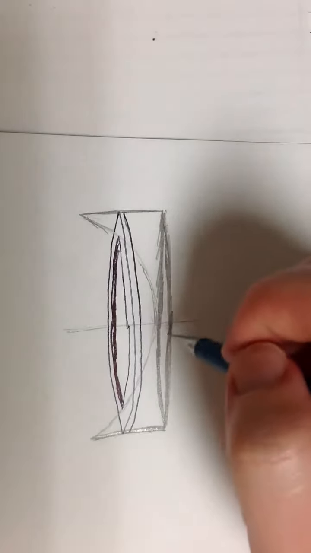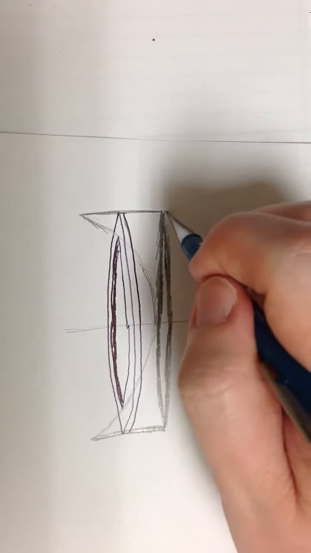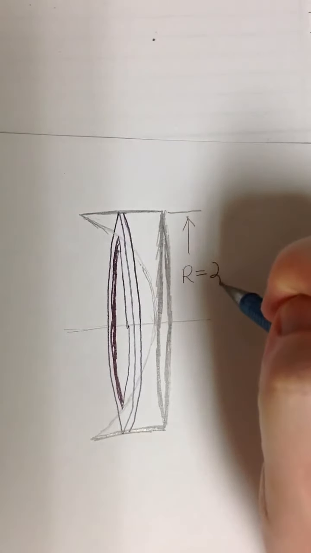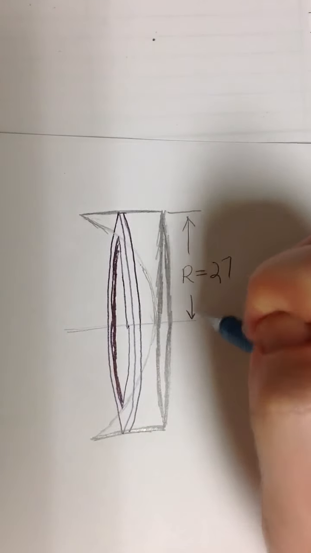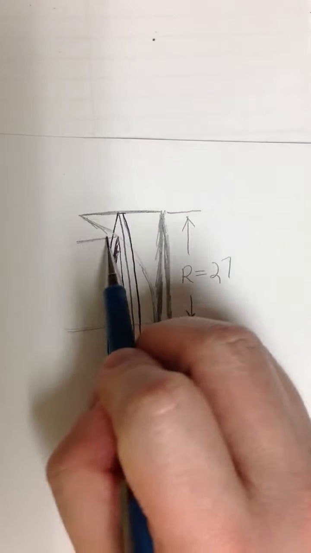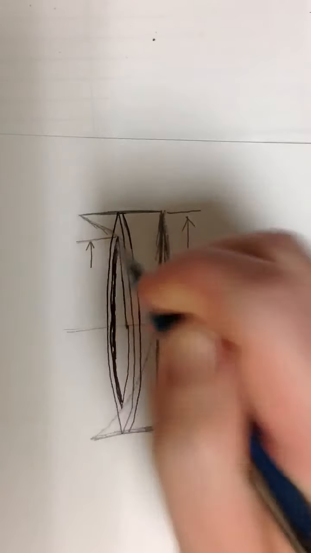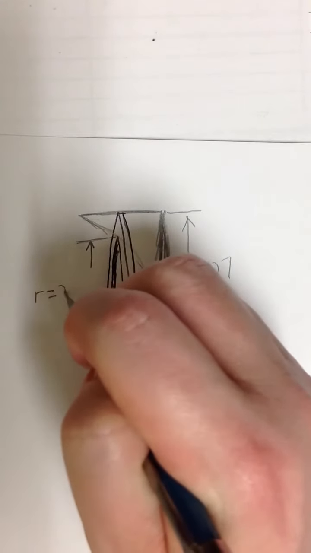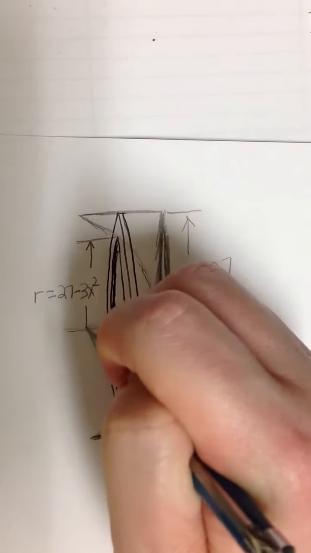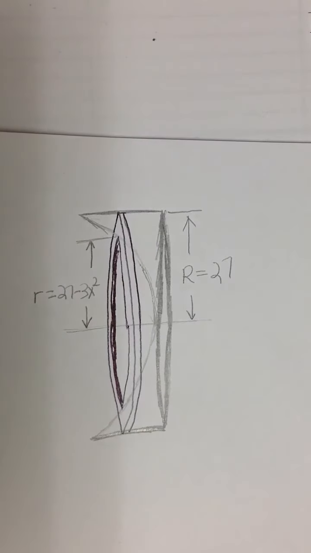And so far as the features, once again, at the maximum, the outside radius is going to be at 27, and where we have hollowing out space, utilizing this washer, that again is going to be at 27 minus 3x squared. And so with the method of washers, we can determine the volume of the solid rotated about the line y is equal to 27.